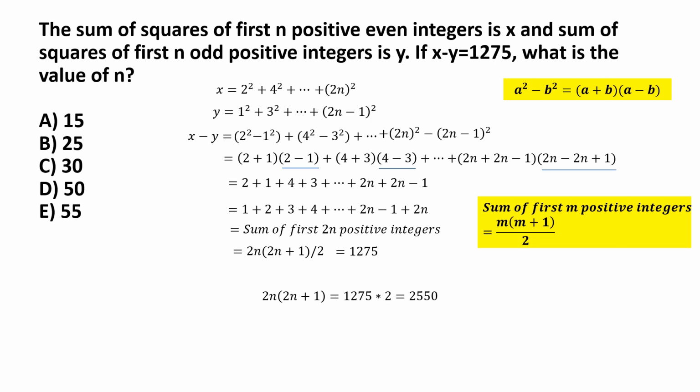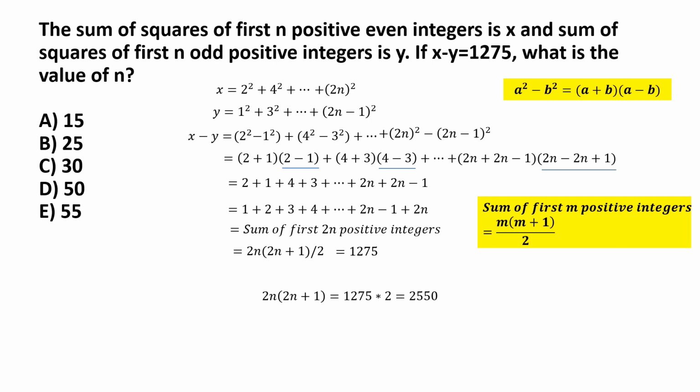Now from here on, you have two potential ways to go about this. The first one is to solve a quadratic equation and find the value of n, which works okay, but it's of course more time consuming and not really ideal for timed tests. The second method is what I would recommend if you are doing a timed test.